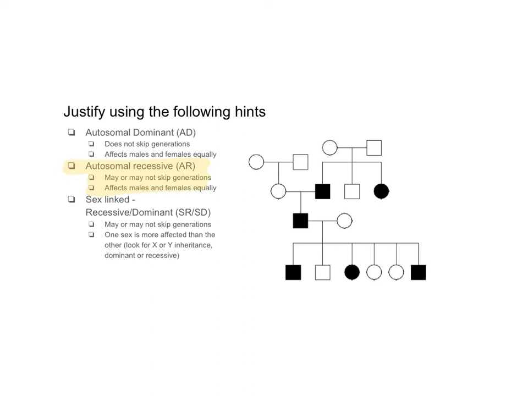In your justification, it may help if you identify individuals by numbering them. And be sure to give specific examples of genotypes for the individuals and talk about how that individual came to be that specific genotype. In other words, what gametes did they inherit from their parents?